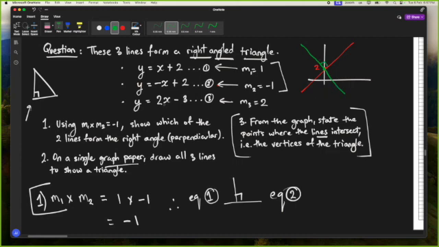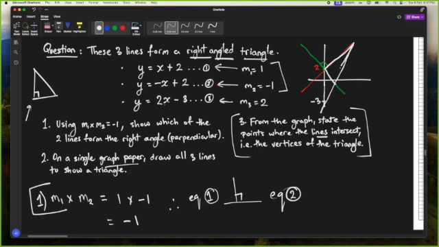And then we have 2x minus 3. So this next line is going to be cutting at minus 3 down here, and 2x means it's going to be coming up like so. Right? So you can see here that this is the right angle triangle.